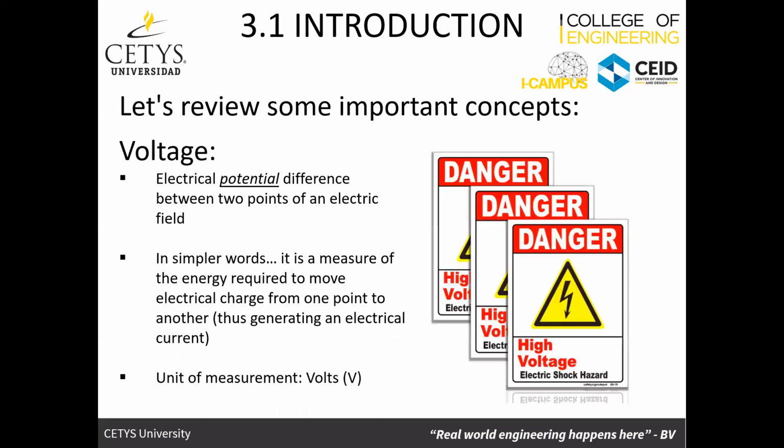So first off, let's talk about the first thing, voltage. We already talked about voltage in the previous unit, and it was this electrical potential. Remember the long definition that we gave? Voltage was the energy required to move a positive charge from infinity to point A against an electrical field.